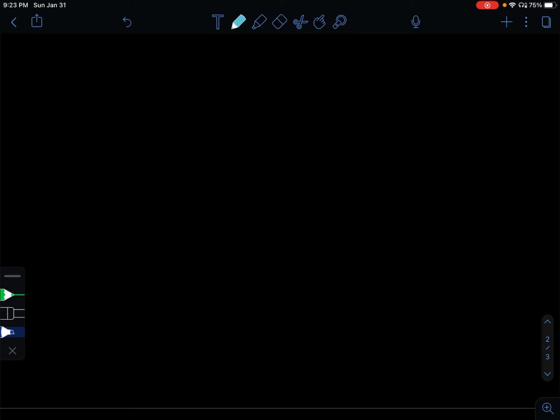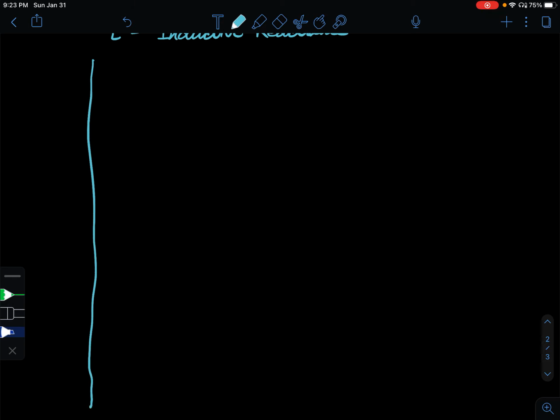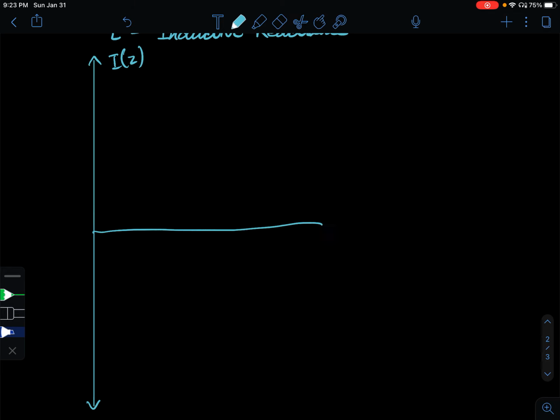Let me make it a little bigger. That's the imaginary axis, and to denote that, I'm going to put the imaginary symbol. And this right here is the real axis, and to denote that, I'm going to put the real symbol.